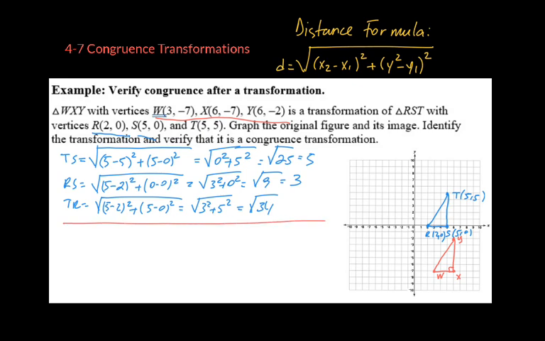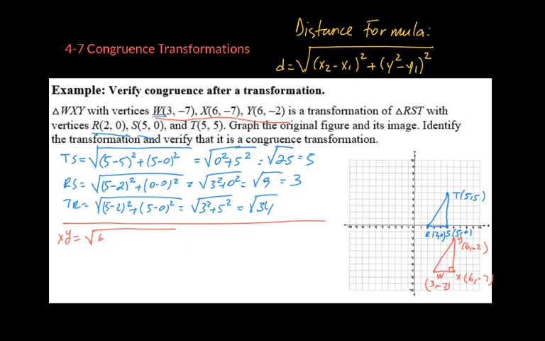Let's figure out the side lengths of the second one. W has the coordinates of 3, -7. X is 6, -7. Y is 6, -2. So let's get to work and find the length of YX or XY.